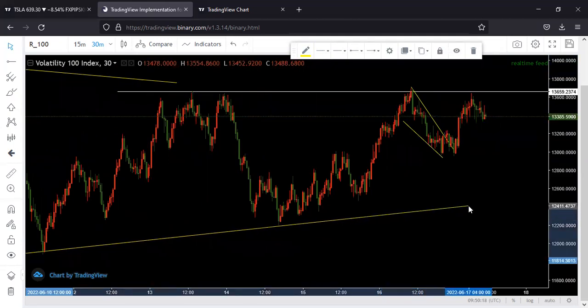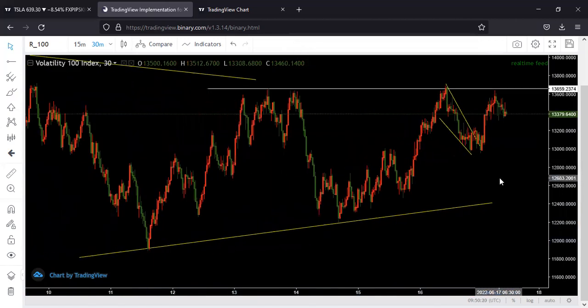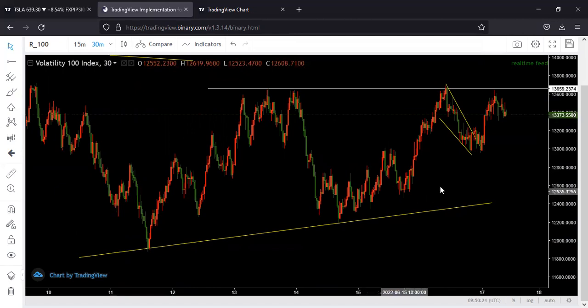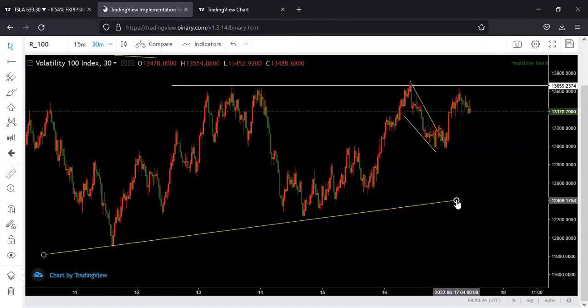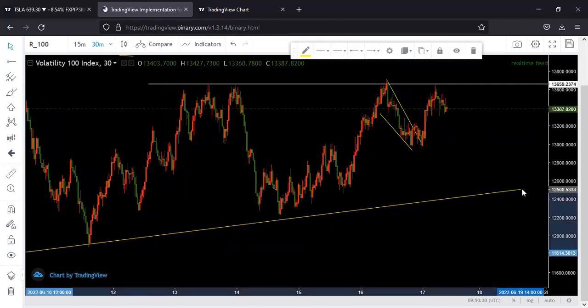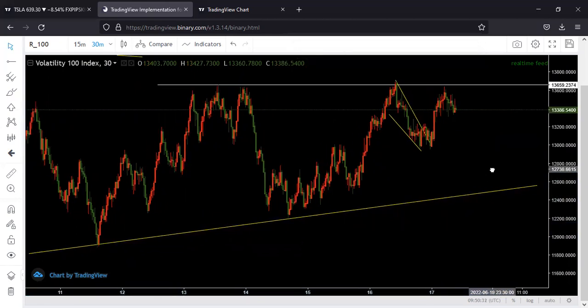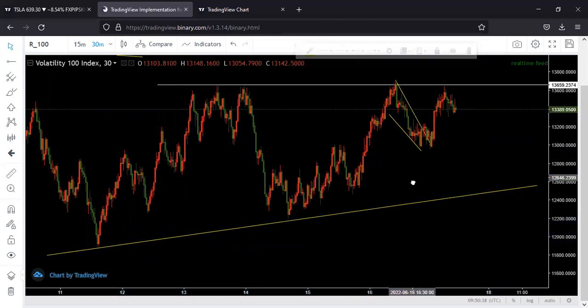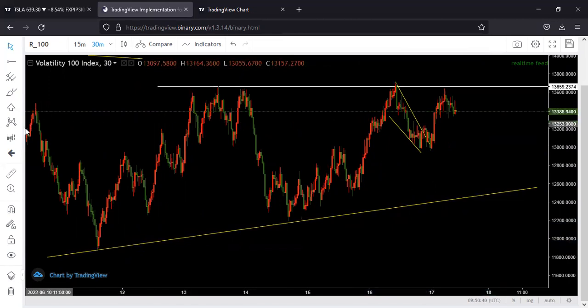So you see, then I'm going to adjust this trend line. So you see, guys, now from this point, we are having something like this.